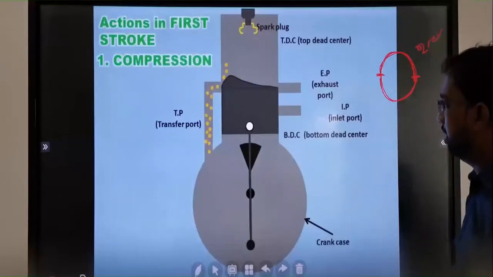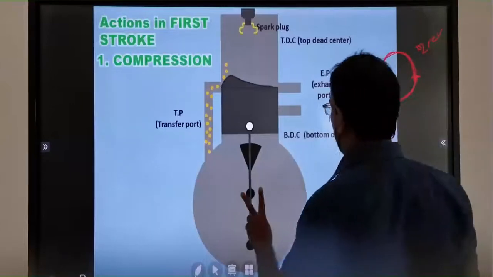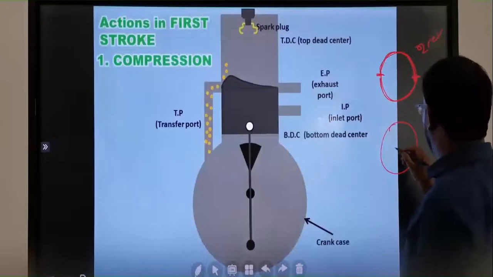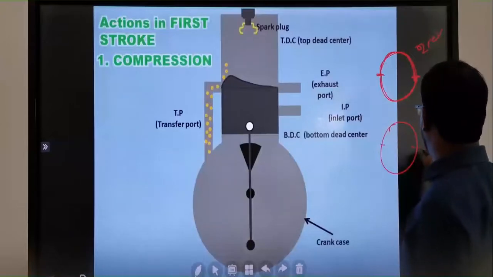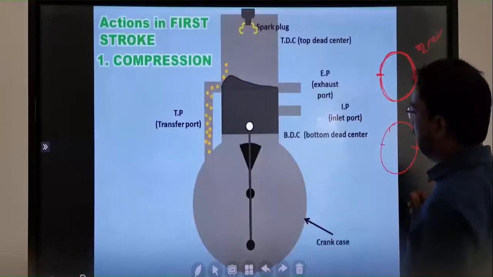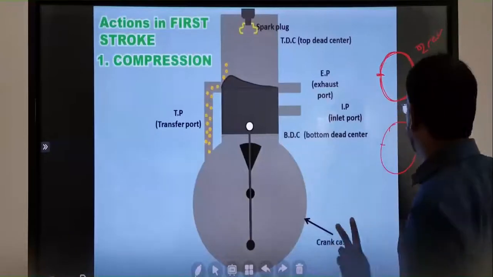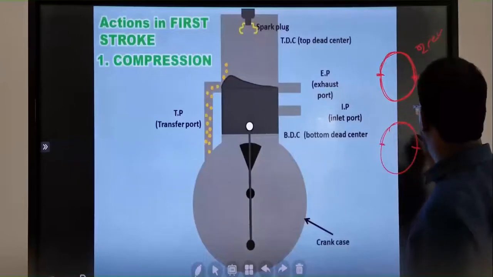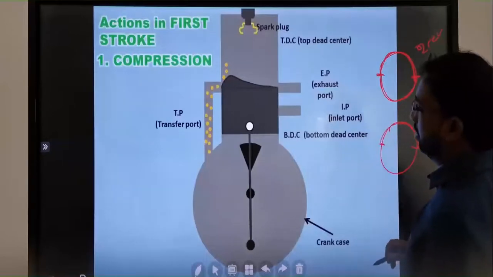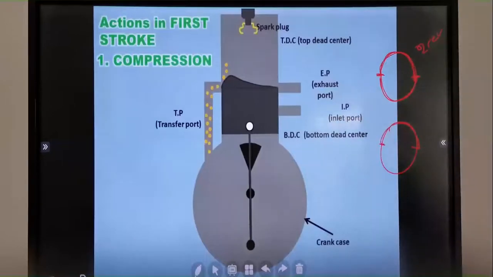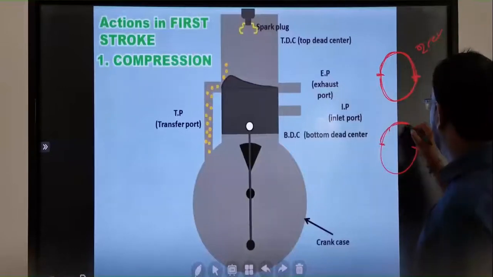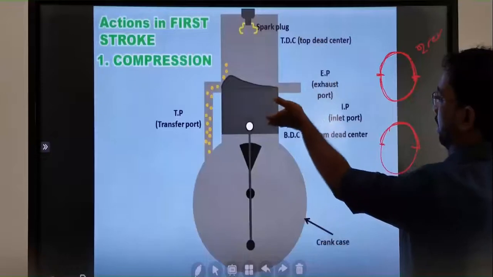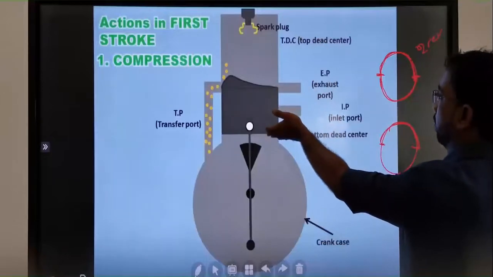But here, that's 2-stroke. The 2-stroke finishes with the crankshaft rotating only 1 revolution. That means here that's intake, and the piston moves upside.